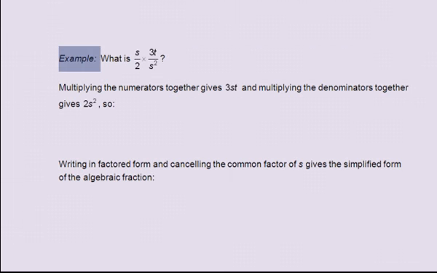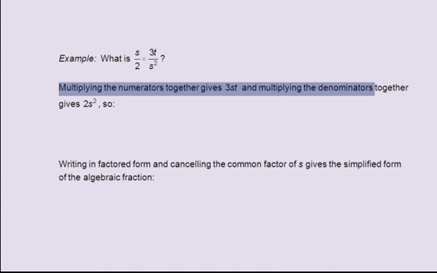For example, what is s divided by 2 multiplied by 3t divided by s squared? Multiplying the numerators together gives 3st, and multiplying the denominators together gives 2s squared. So, s divided by 2 multiplied by 3t divided by s squared equals 3st divided by 2s squared.